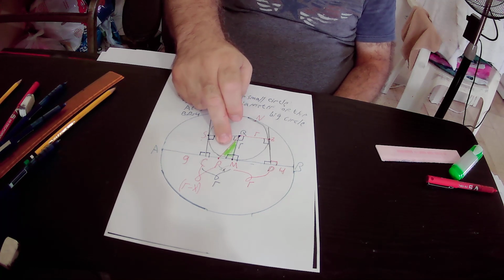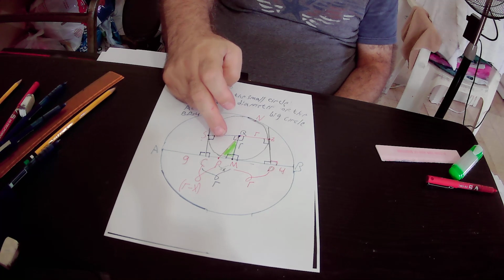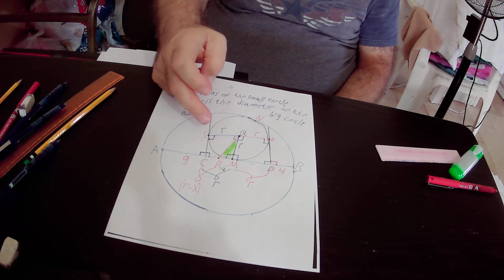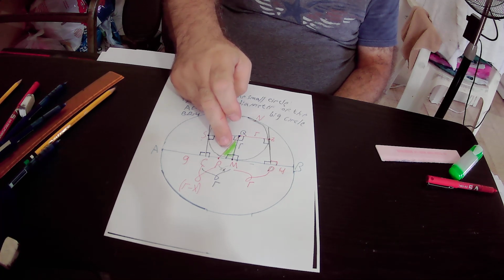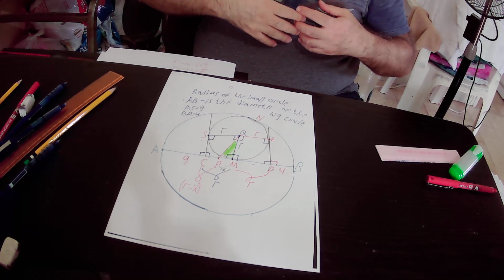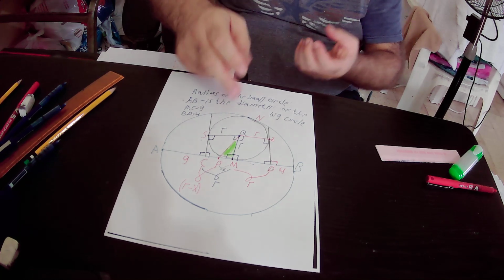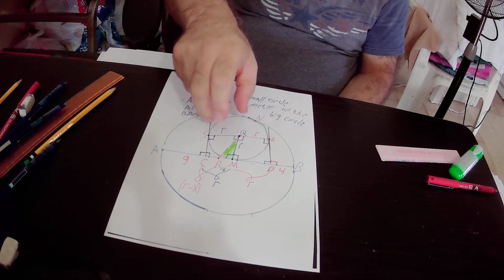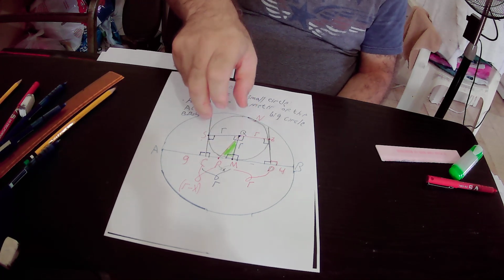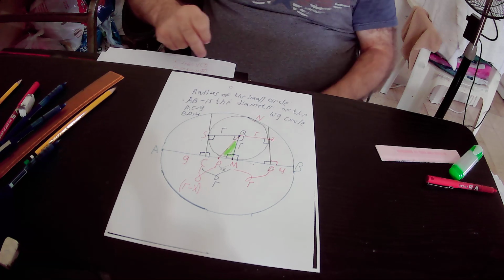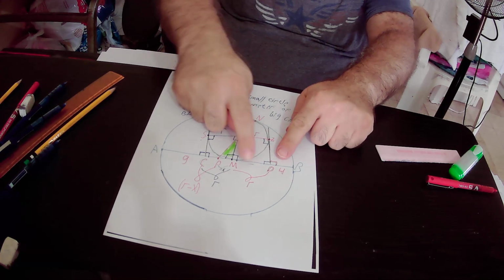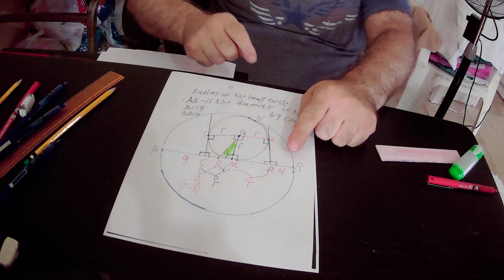Therefore, according to rule number 3, it is a rectangle. And according to rule number 4, the opposite sides of a rectangle are equal to each other. SQ equals CM, but we know that SQ equals small r, so CM also must be equal to small r. So we have here MD equals small r and CM equals small r.